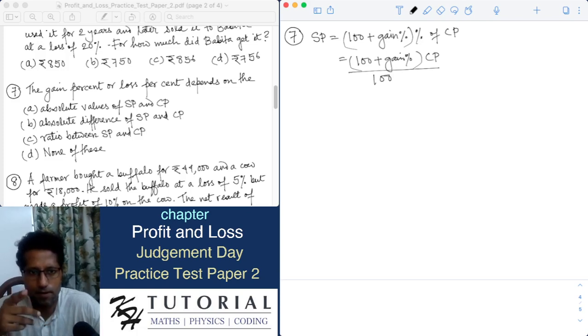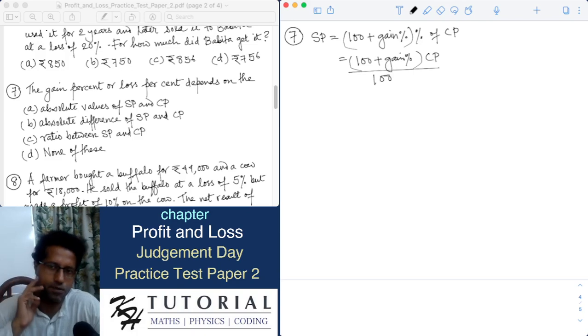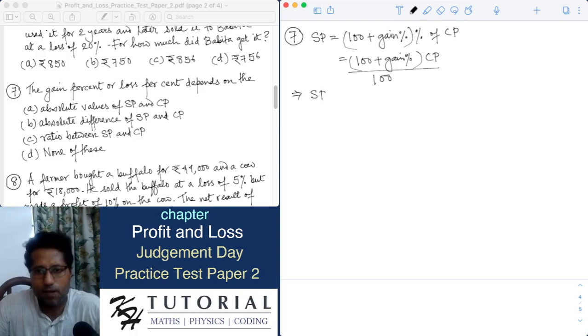It is talking about gain percent or loss percent, so I'm considering if there is a gain. So this is the formula of SP, CP and gain percent. Now this implies that SP by CP is equal to 100 plus gain percent divided by 100.